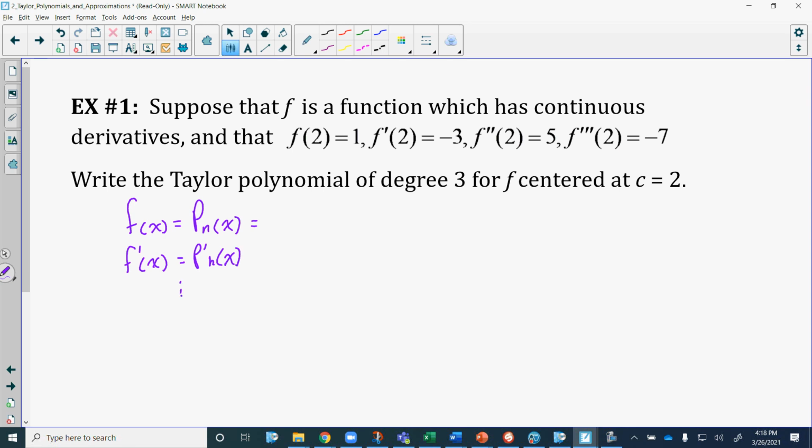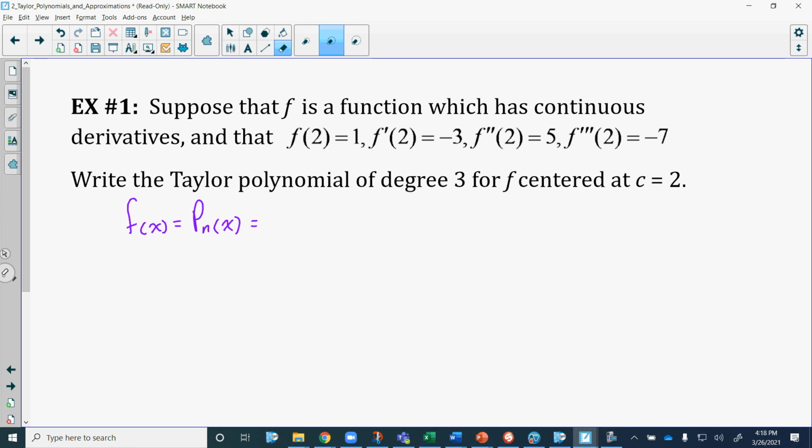And if we kept going, f to the nth derivative of x would be equal to the Taylor polynomial's nth derivative of x. They would be equal to the same thing. That's essentially the foundation of what the Taylor polynomial is going to be doing for us.